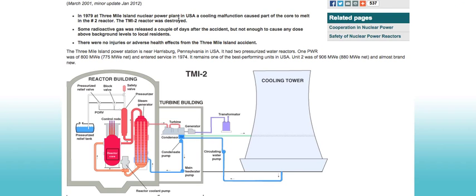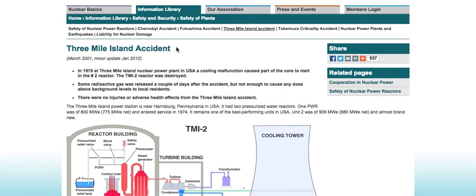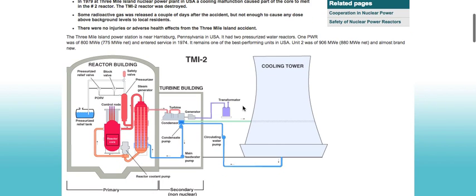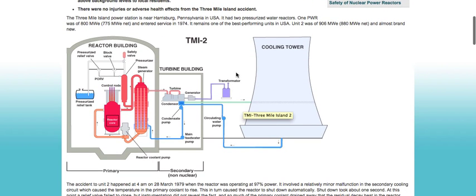The downside is, once again, whenever you're dealing with a nuclear reaction, accidents will occur, like 3 Mile Island in 1979. Basically, there was a cooling malfunction where the communication between the cooling tower and the reactor stopped working somewhere along the lines, and this thing overheated, emitting a lot of radiation, which is obviously the main downside to using nuclear energy.